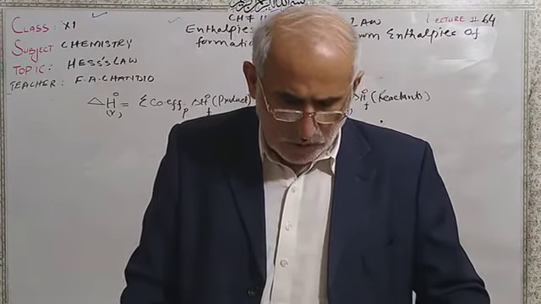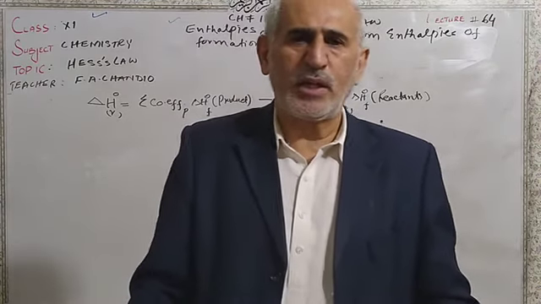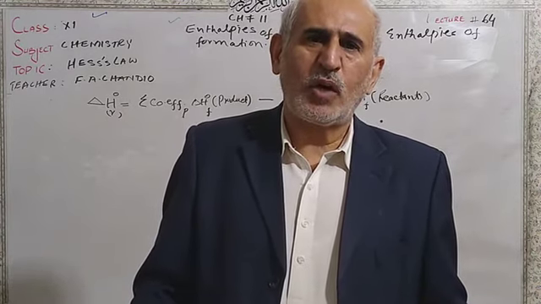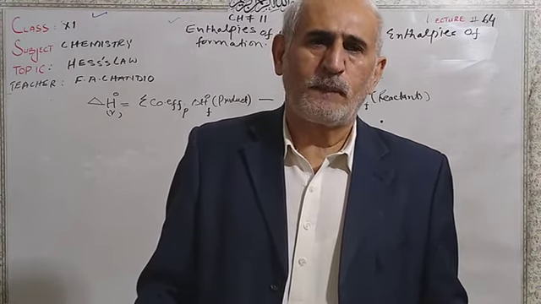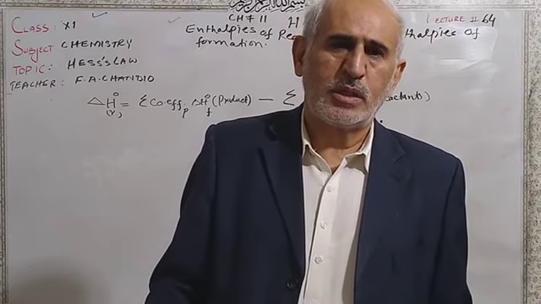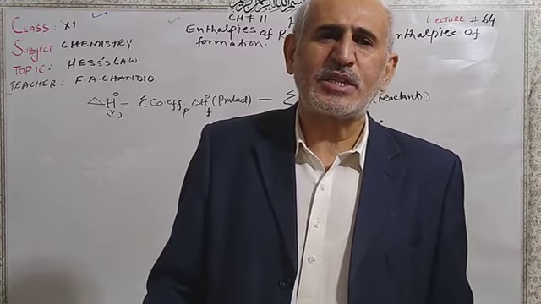So values will be provided for you, and the chemical equation will be given. But one thing I want to explain to you: the enthalpy of formation of some molecules at their standard state is 0.